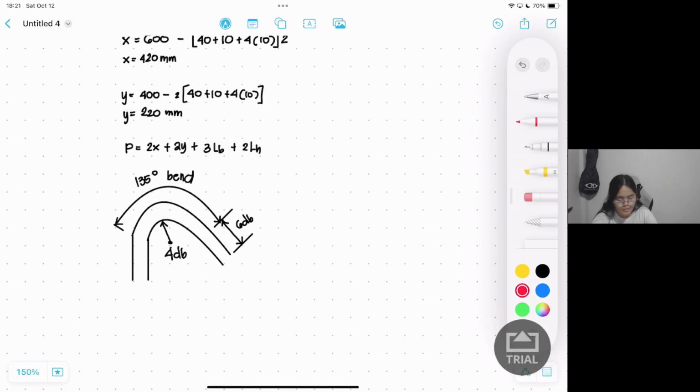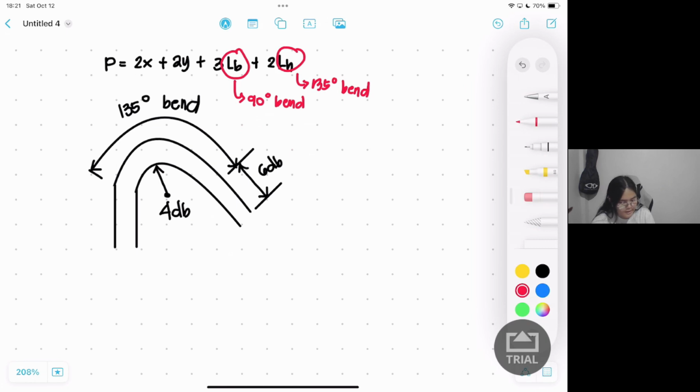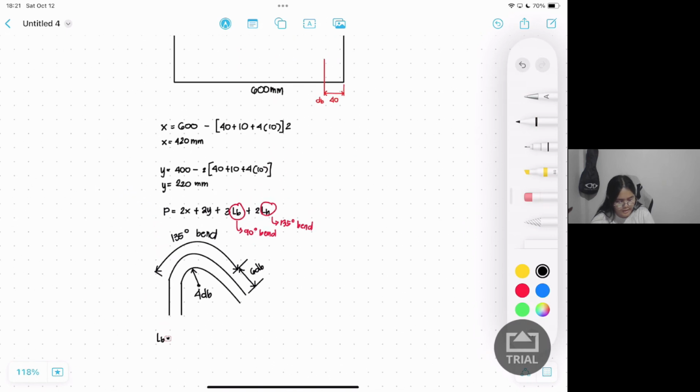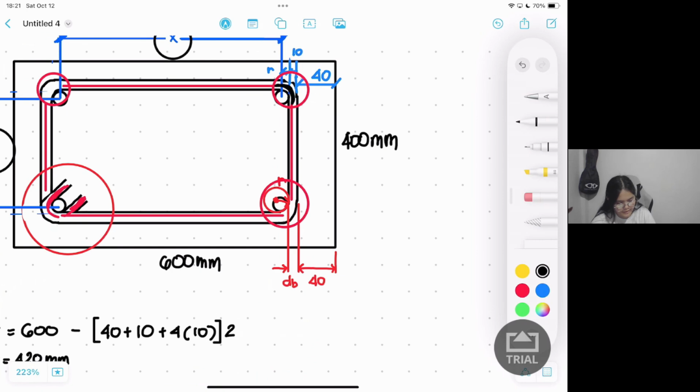Again, si LB, itong LB, yan yung for 90 degrees bend. Okay? And then, itong LH, yan yung for 135 degree bend. So, unahin muna natin si 90 degrees. So, for LB, kunin natin yung length nung nakabend na for 90 degrees. Again, paano yan?